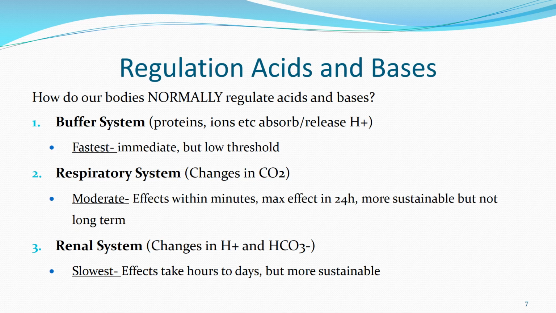Or our kidneys can make changes to bicarbonate, which you'll remember is a base. The kidneys can make these changes for a much longer term than both the buffer system and the respiratory system, and the changes are much more sustainable solutions. Just note that it can take a little while for the kidneys to kick in. The kidneys might take hours or even days to start to work on the pH problem.